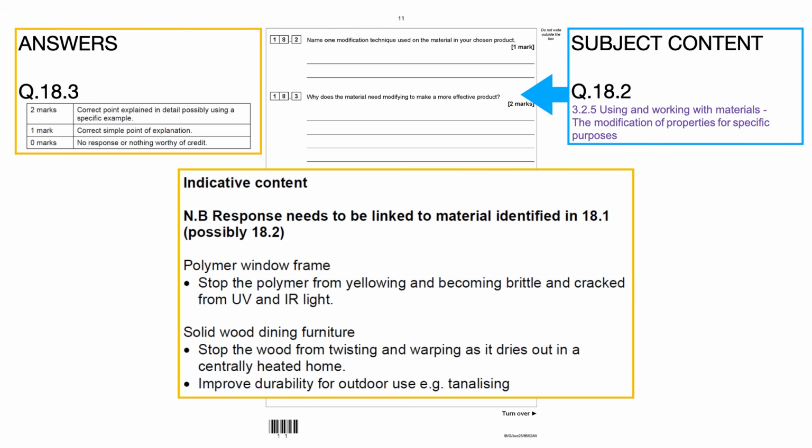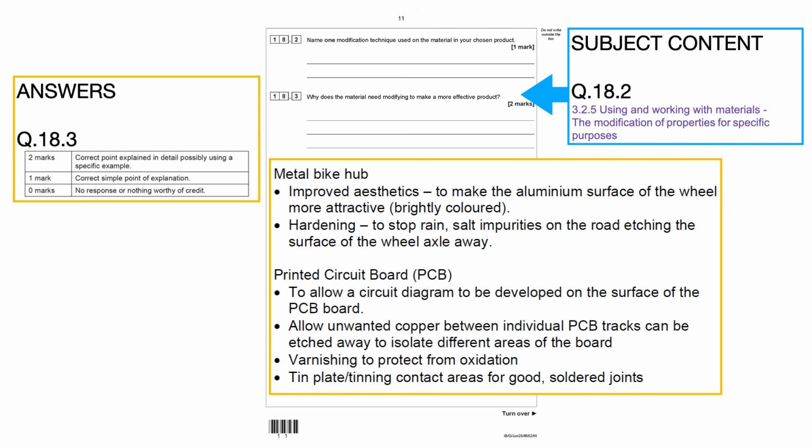If you are unsure of any of this content, you need to look up 3.2.5, using and working with materials, specifically the modification of properties for specific purposes. For the metal bike hub, you would get improved aesthetics to make the aluminium surface of the wheel more attractive or brightly colored. Hardening to stop rain, salt impurities on the road etching the surface of the wheel axle away.